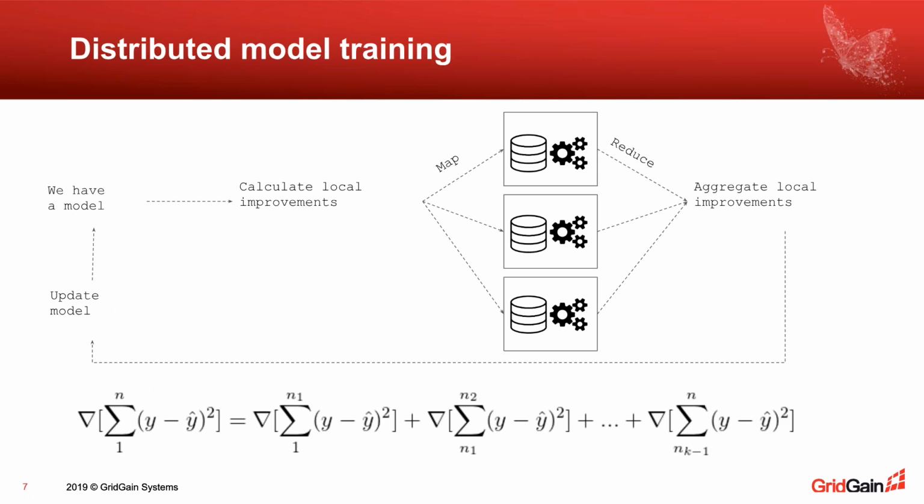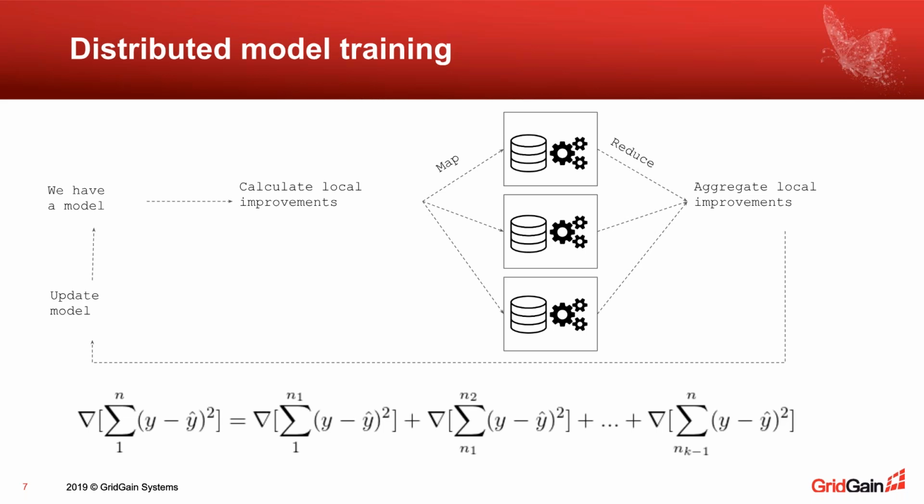So the last part of this machine learning introduction is the common scheme for how we could use our machine learning algorithms in a distributed environment. Basically, we start with the model in its initial state.